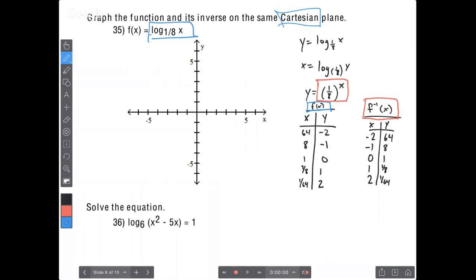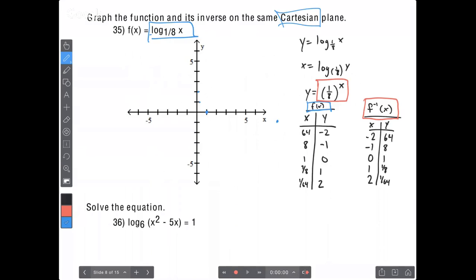Okay, so over 64, -2, I can't really fit that in. Over 8 down 1, 6, 7, 8 would be right there. There's 8, -1. Over 1, 0 is right there. Over 1/8 up 1. And over 1/64 up 2. Cool.